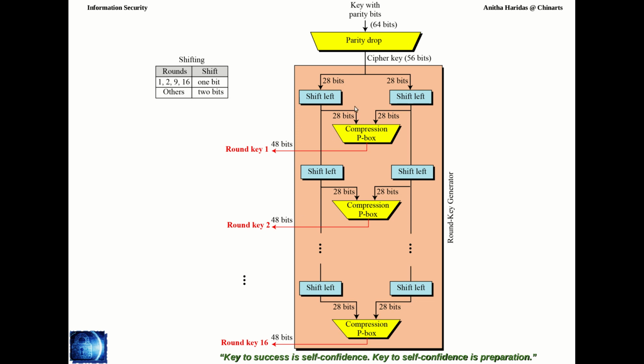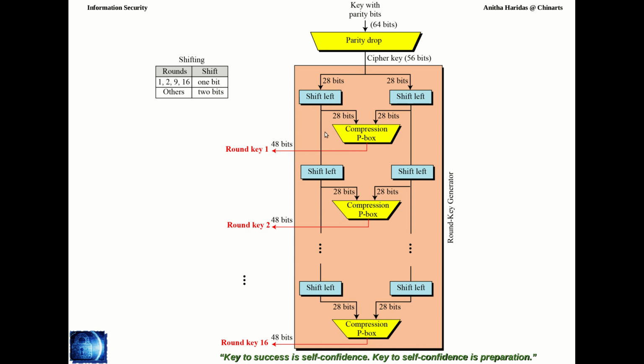If you have observed, for each round the cipher key is split into two parts. The 56 bits are split into 28 bits, and it is given to the shift left operation. After the shift left operation is performed, both the 28 bits are combined together and given to a compression P box, and the compression P box produces the round key.